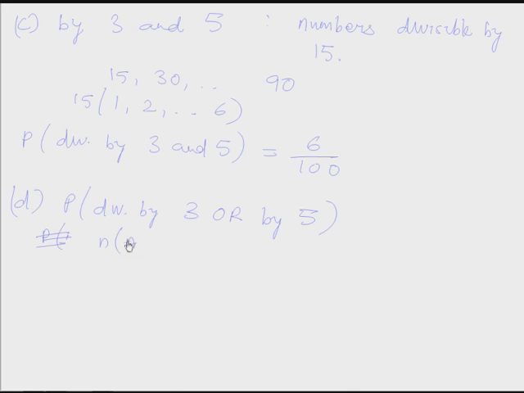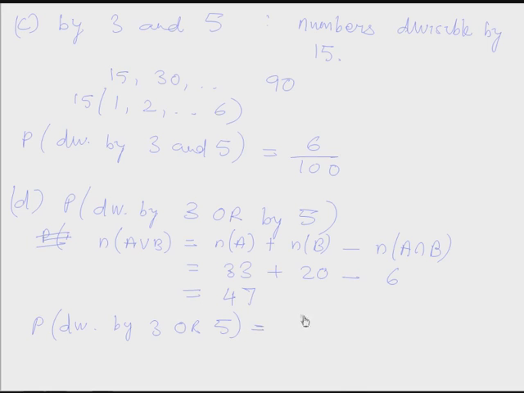We have n(A union B) is equal to n(A) plus n(B) minus n(A intersection B). We know that n(A) was 33, n(B) was 20, and A intersection B we just found out was 6. So this answer is 47. Therefore, the probability that it's divisible by 3 or 5 is equal to 47 over 100.